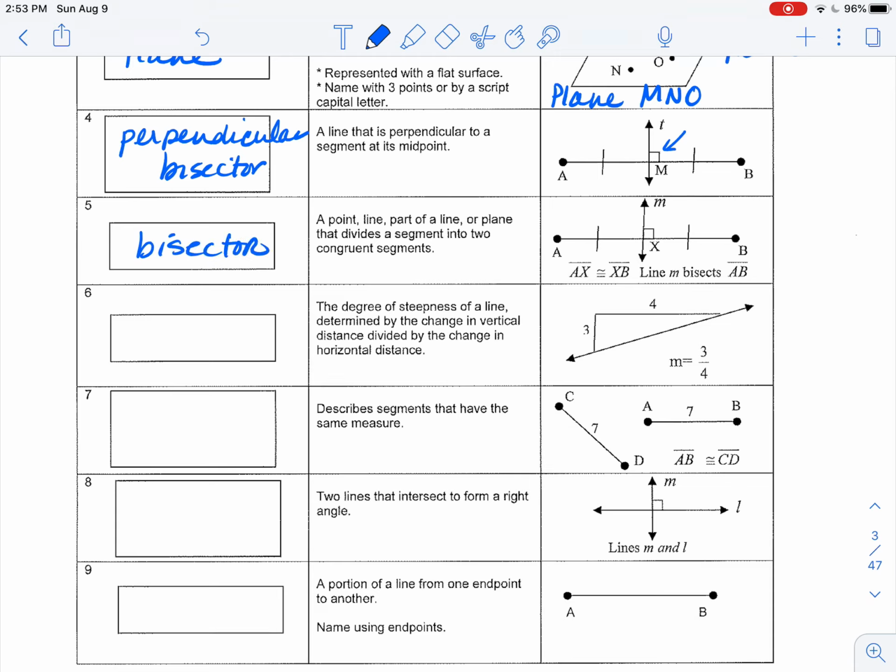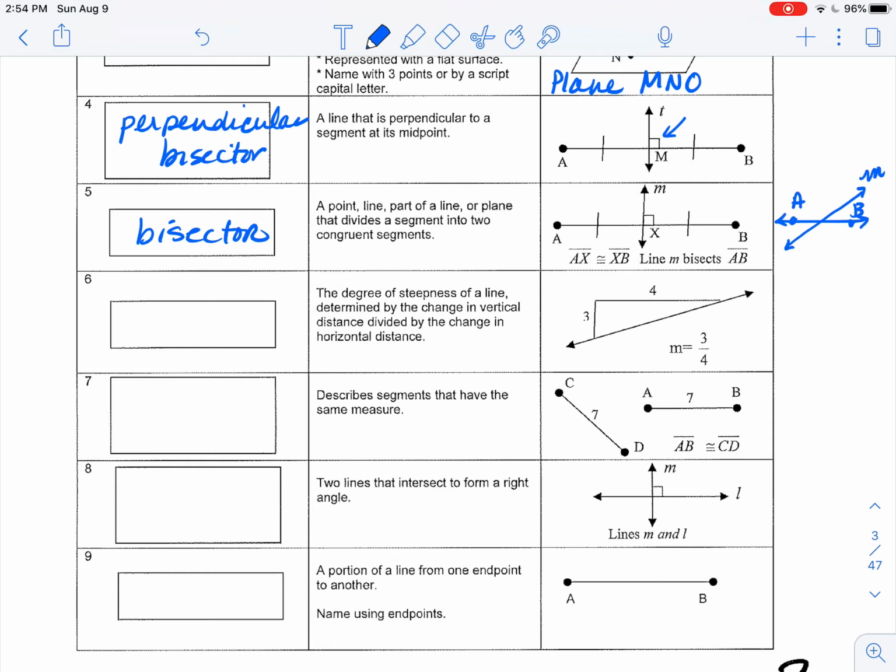Number 5, that's a bisector. So the difference here is that it doesn't have to be perpendicular. We can see the same diagram as in the previous, or you could have two segments like this. And so let me go ahead and call this AB, and then we can call this line M, and we can see it's bisecting segment AB.